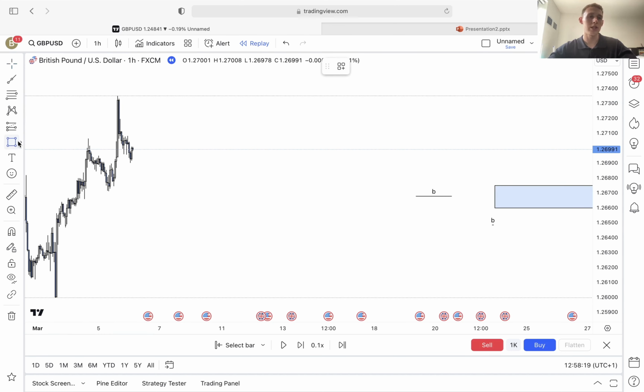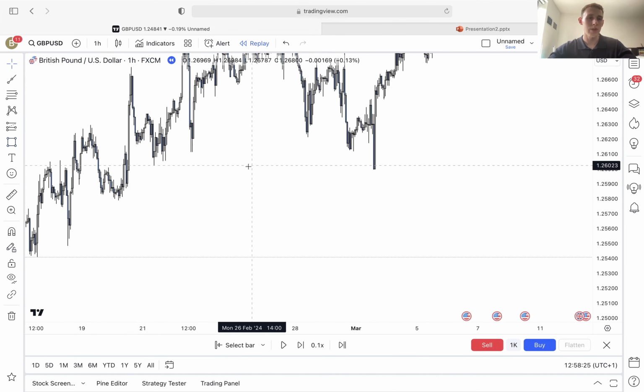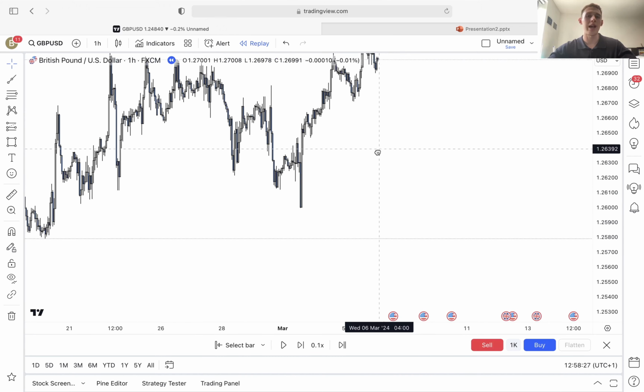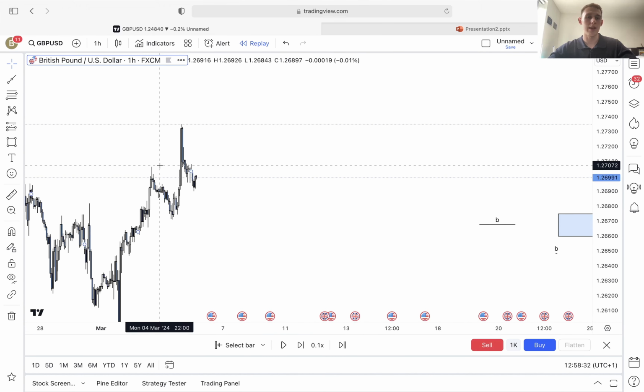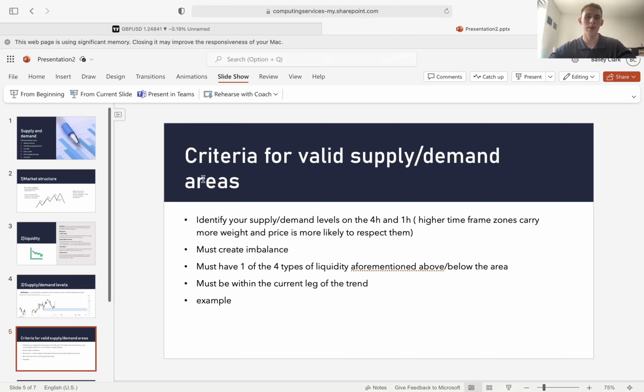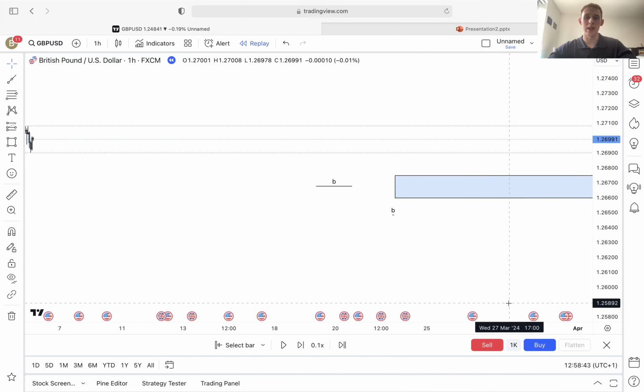So what we're not looking to do is look to buy from an area of demand, say like all the way down here, because it is outside of the current leg of the trend. So that's what we mean. We're looking to identify the range between the low and the high, and then we're only looking for areas of supply or demand within that range. And I just went through the example.